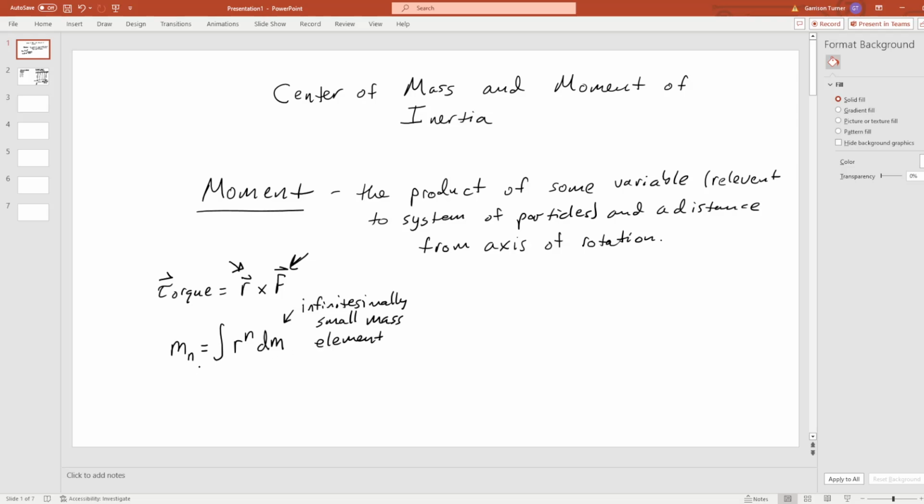Okay? So the zeroth moment, if we let n equals 0, then your zeroth moment equals the integral of r to the 0 dm, which is just the integral of dm, which is just your total mass.